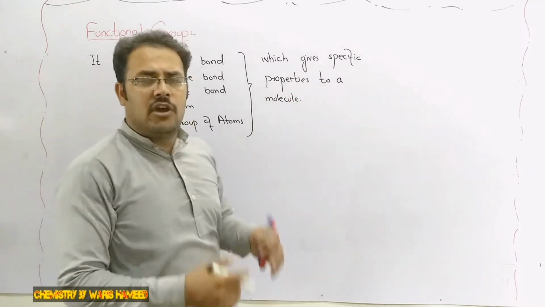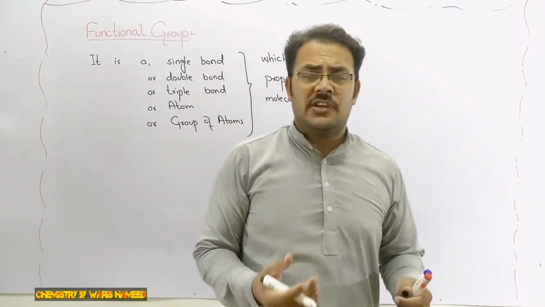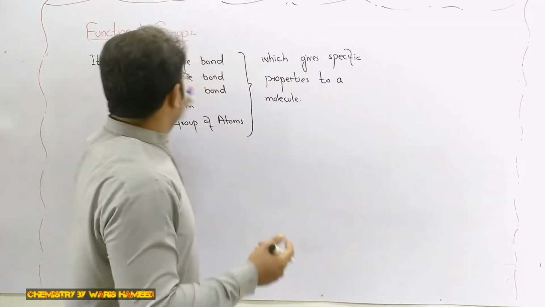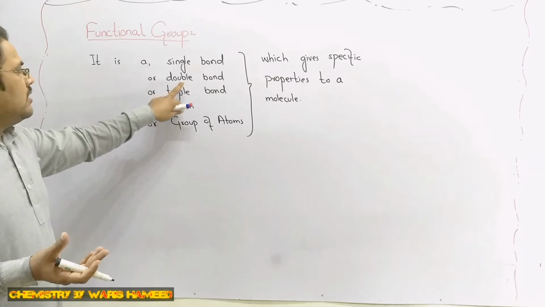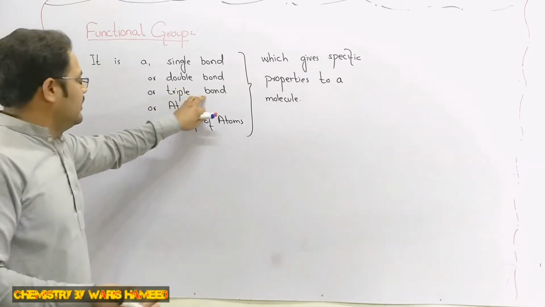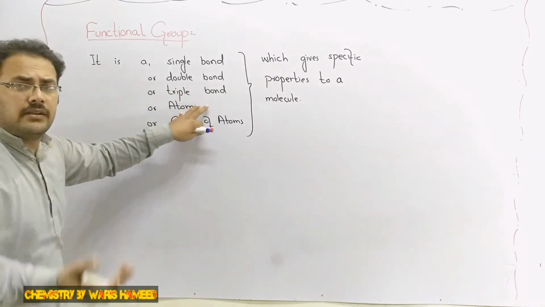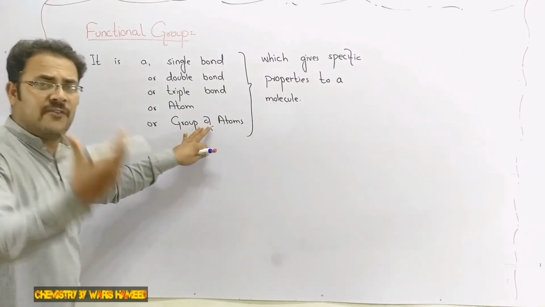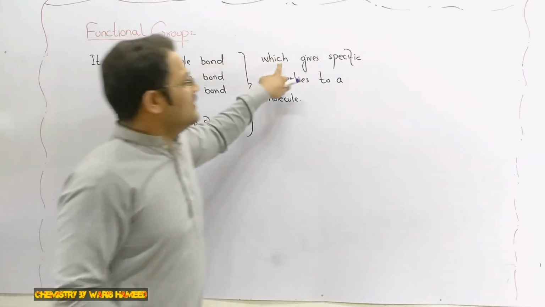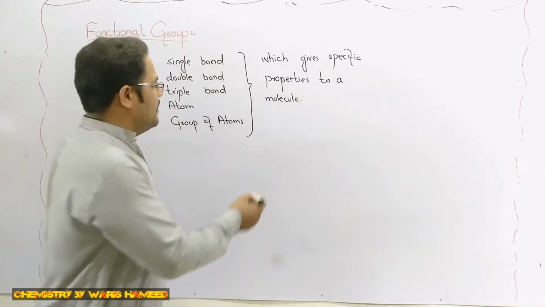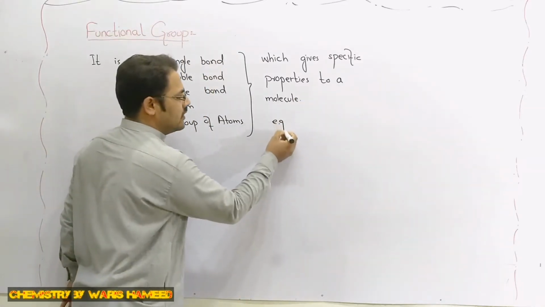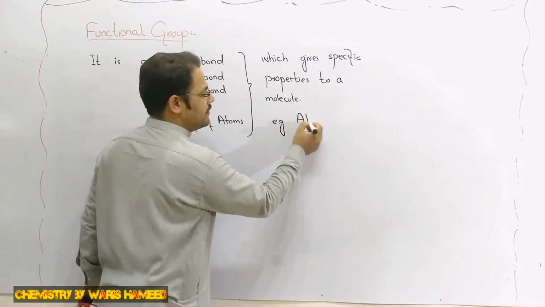Now again, going back to the definition, what is a functional group? A functional group is a single bond, or a double bond, or a triple bond, or an atom, or a group of atoms which gives specific properties to a molecule. For example, alcohols.